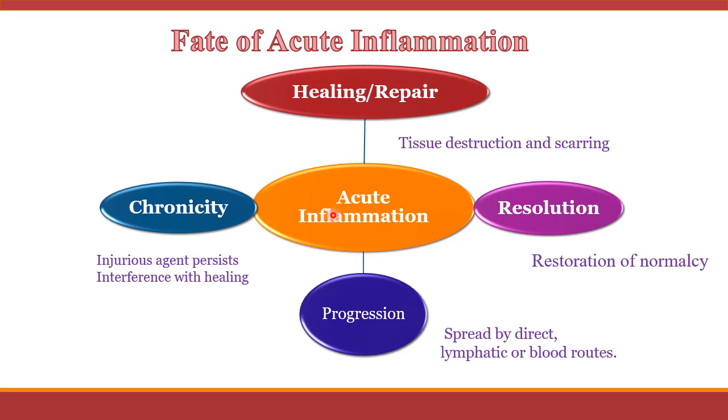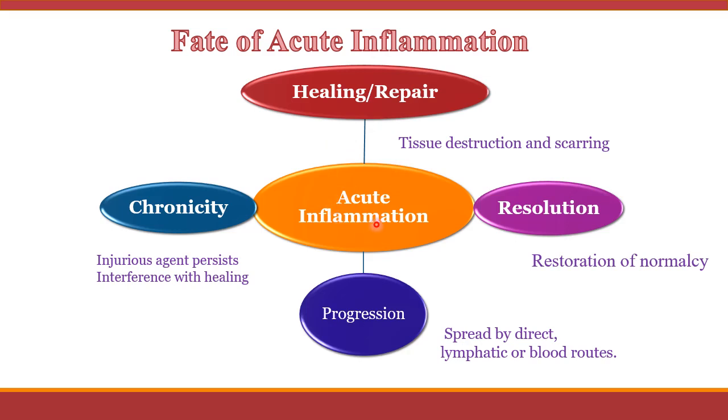We have 4 possible options as fates for acute inflammation. The first option is complete resolution of the acute inflammation, which means restoration of normal tissue or normalcy. Then we have another fate for the acute inflammatory lesion, which is healing or repair, and we will discuss that in detail.